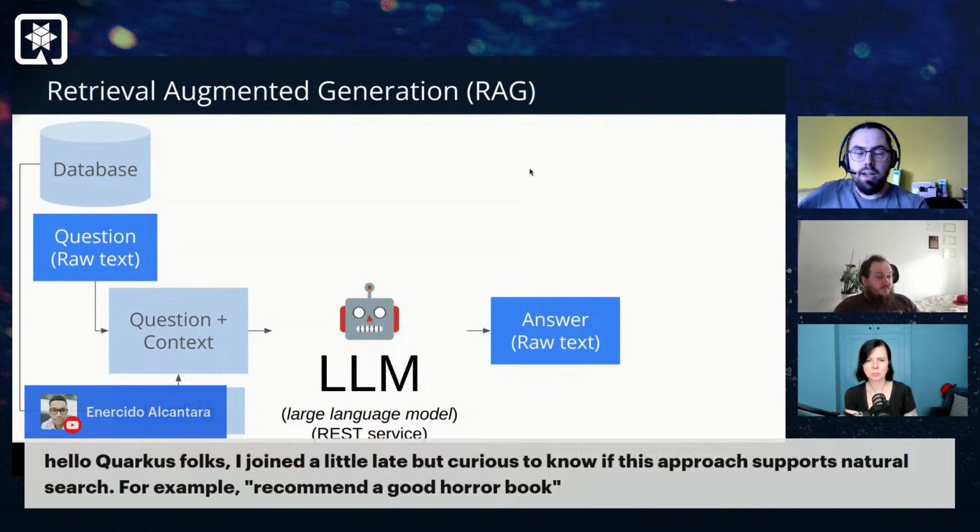Why just some context? Well, because uploading your whole database might take a while, and you might not want to extract everything and give it to OpenAI or whoever.